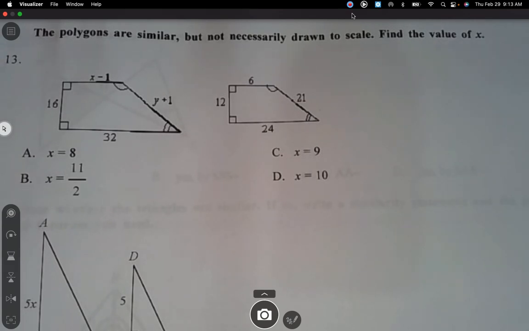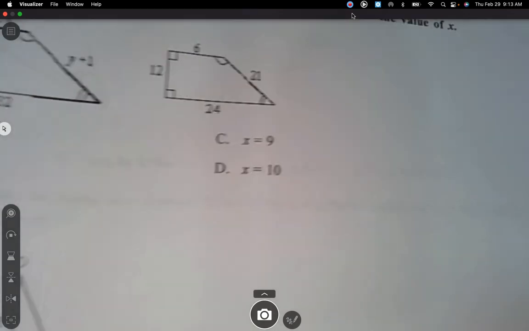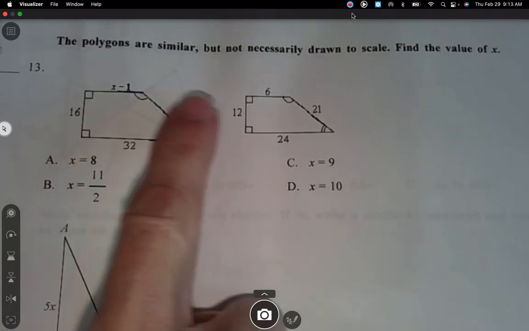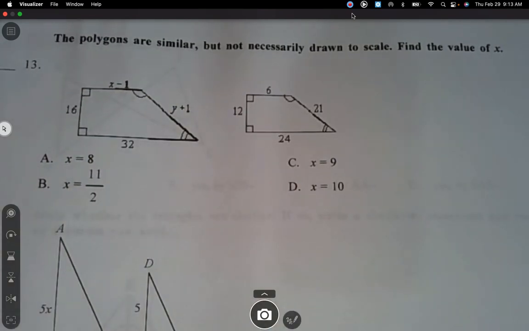So I would put X minus 1 with the 6. Right? Aren't those on the same spot? So I would do X minus 1 over 6. What's something else you would put together? 16. Okay, yeah. 16 over 12. Guess what else you could have picked? 32.